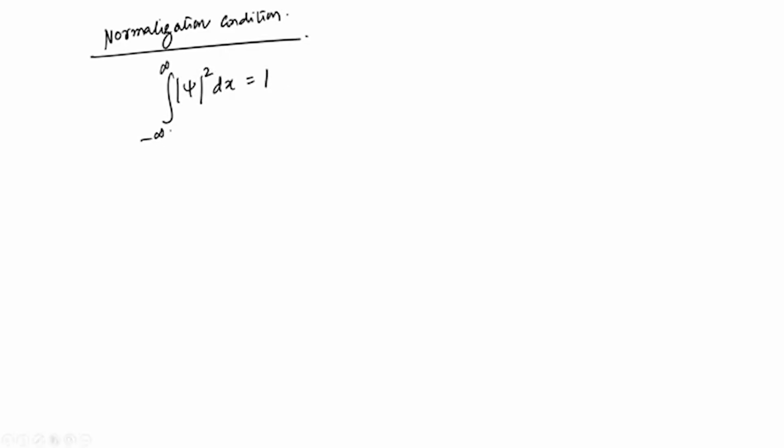However, these two limits do not make sense, because everywhere outside the wave function is equal to 0, and it is non-zero only in this region 0 to L. So, we will write it as the integral from 0 to L of psi square dx. If you use A as in general a complex constant, not in this case, it is equal to A square times the integral of sine square n pi x by L dx from 0 to L, which is equal to 1. I leave this integral to be done by you.